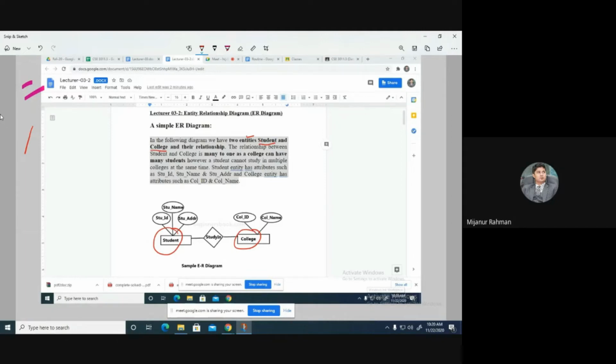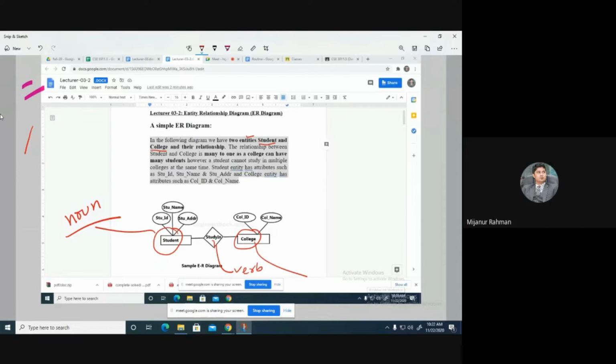An entity is represented using the attributes. And there is a relationship. Keep in mind that a relationship is usually an active verb, like study in, so it starts with a verb, and these entities are usually nouns. I am giving you some clues so that you can easily identify them.